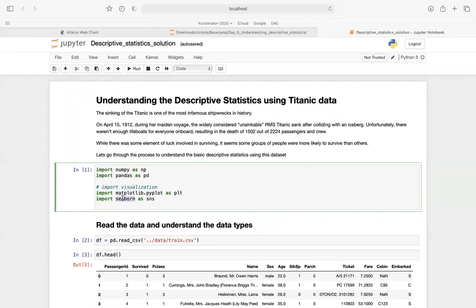Seaborn is an advanced Python visualization library built on top of matplotlib. There are some benefits of using Seaborn: if you want to create 3D plots, Seaborn is your choice, as matplotlib does not allow you to create 3D plots.